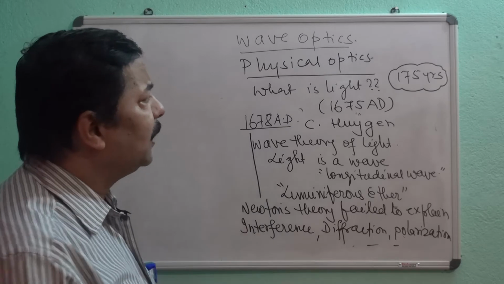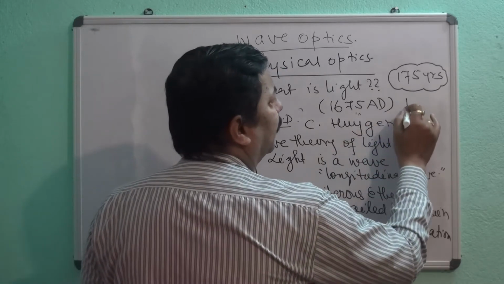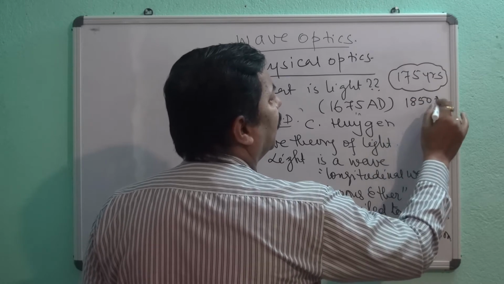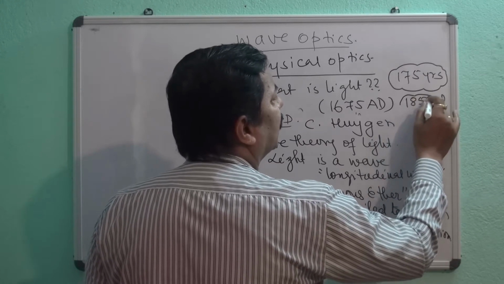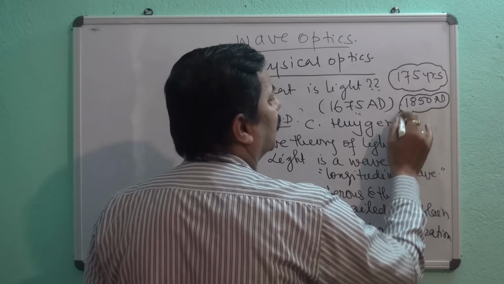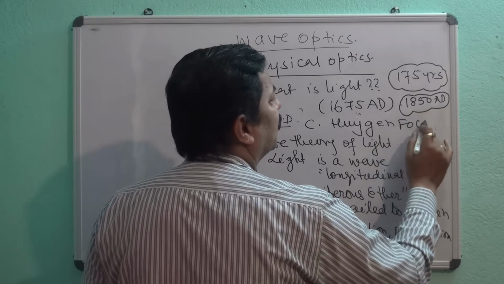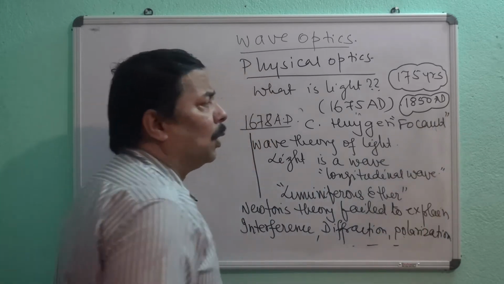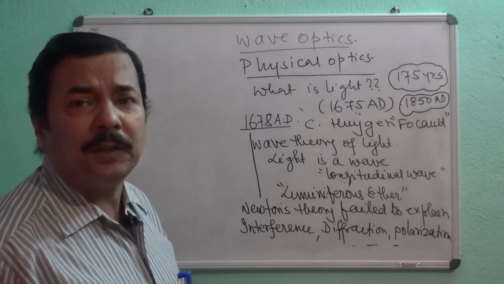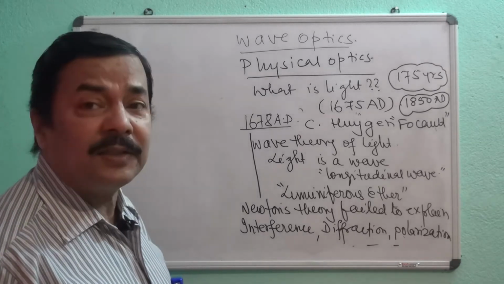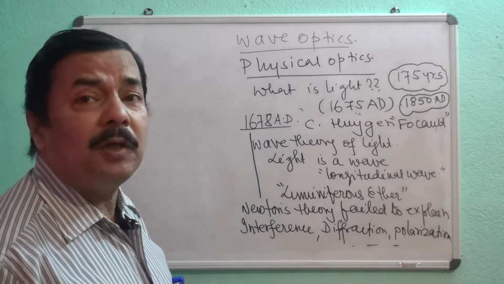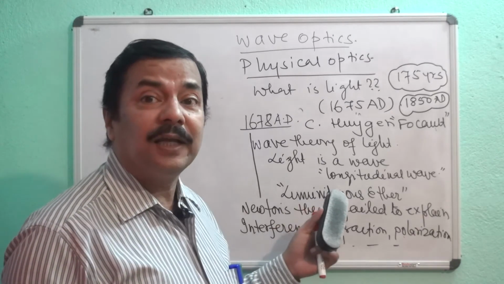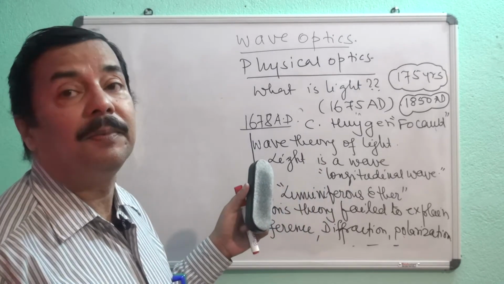In the year 1850 AD, there was a scientist named Foucault, F-O-C-A-U-L-T, who measured the speed of light and suggested that the speed of light in a denser medium is less, while Newton said the speed of light in a denser medium is more.